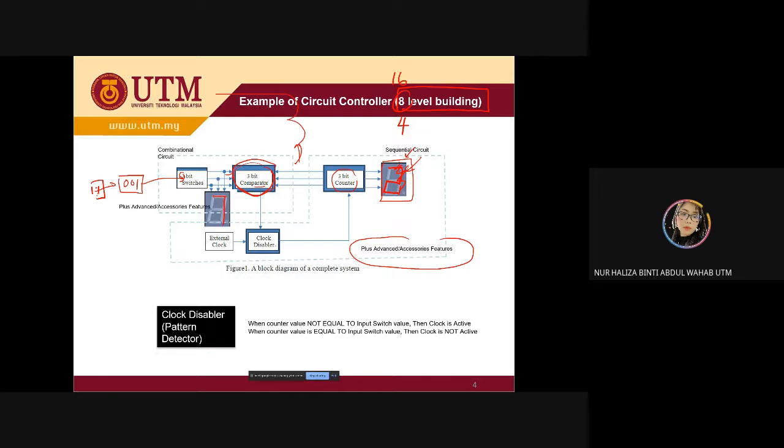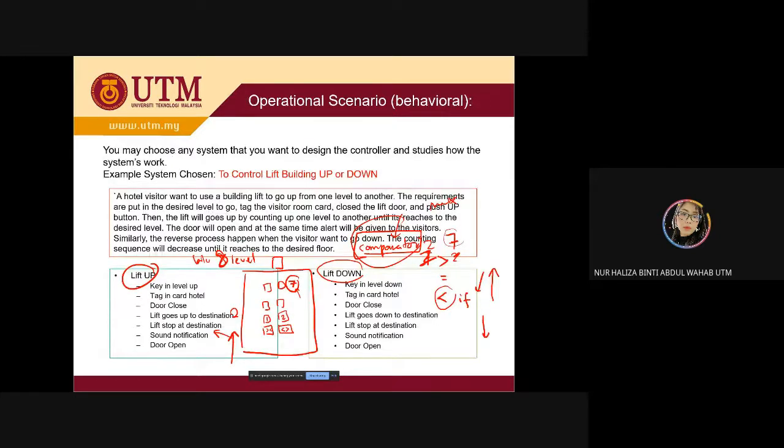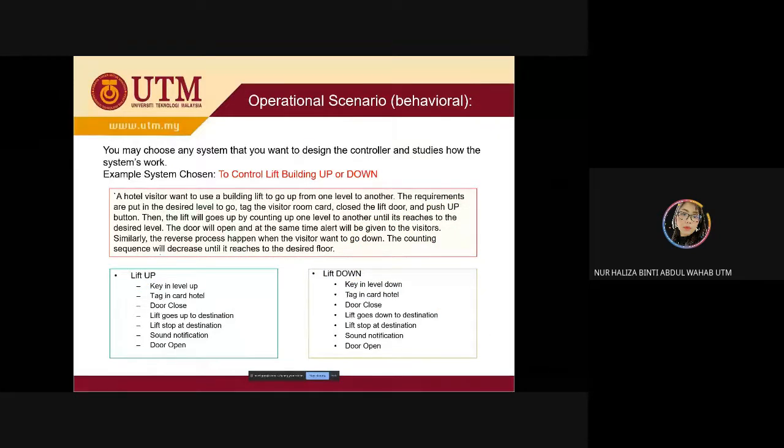So all the things you need to discuss with your team member: what scenario, and what will trigger the door to close, and when the door will be closed. After they key in the button like this, or this one will be door open.